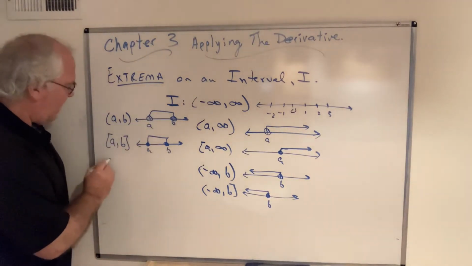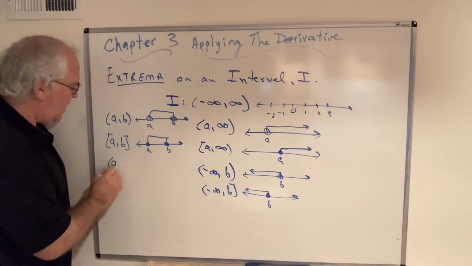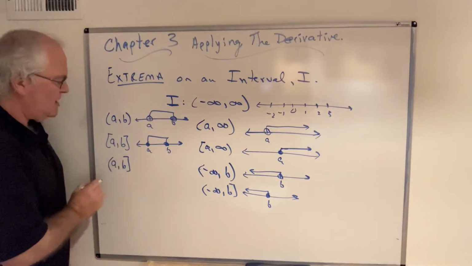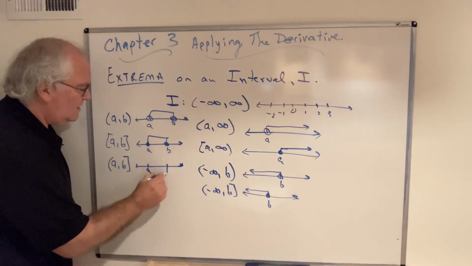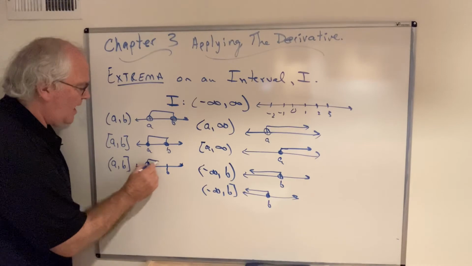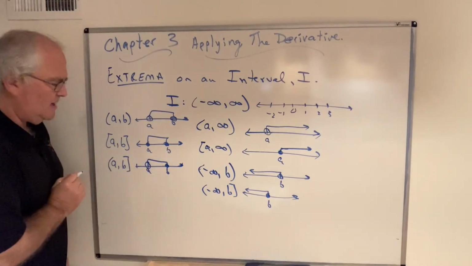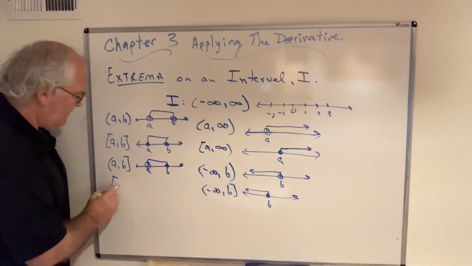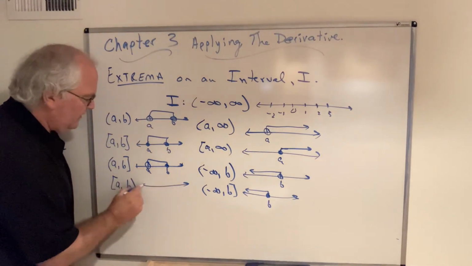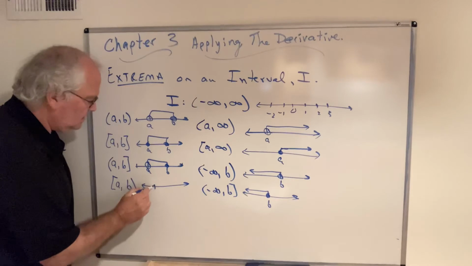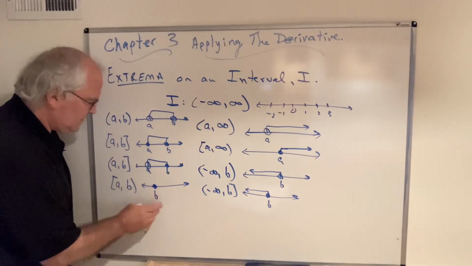And then we could have do not include A, but you do include B. Is it clear what that would look like? Here's A, here's B. Do not include A, but you do include B. And then we could have yes, include A, no, do not include B. And this would be the last of our intervals.